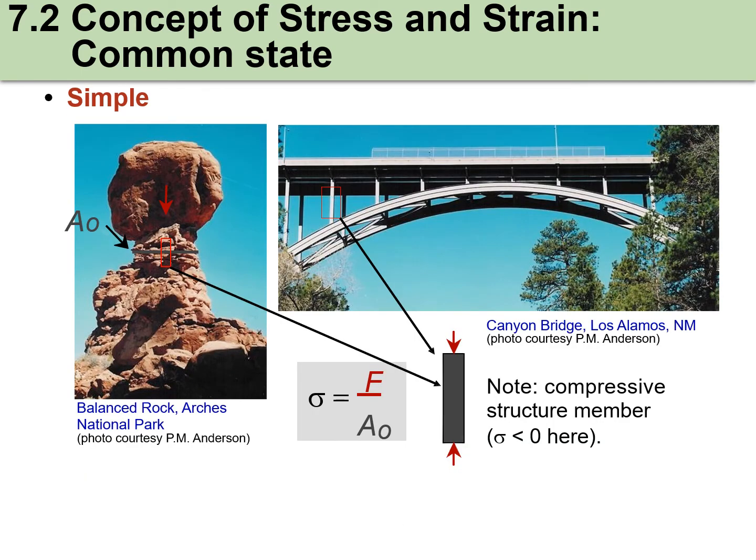Another example of the concept of stress is a compressive structure member, where this rock is pushing down onto another rod to be supported. A similar concept is where the bridge is being supported by the slab.